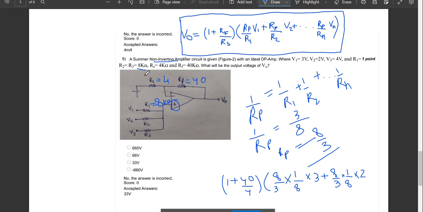So it's very good that you know the formula for these typical circuits: non-inverting summer circuit, inverting summer amplifier circuit, inverting differential amplifier circuit, and non-inverting differential amplifier circuit. It's always good to learn the formula.